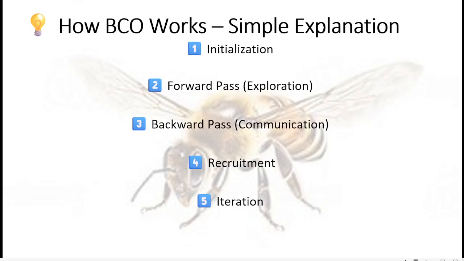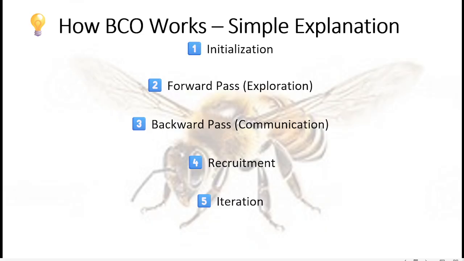Let's break the algorithm into simple steps. First is initialization. A set of bees is created and each bee represents a solution. For example, if we are finding the shortest path, each bee holds a possible path. And next is the forward pass.